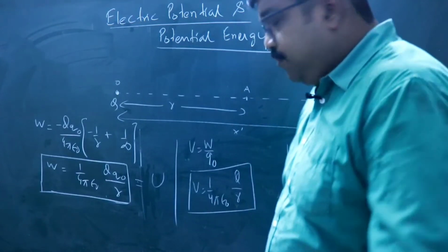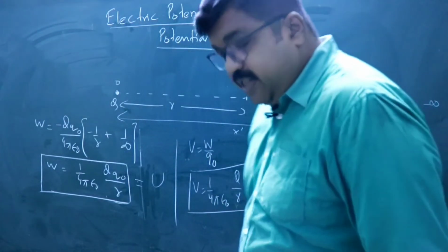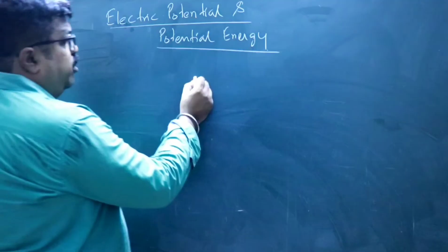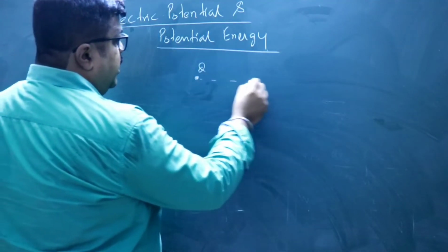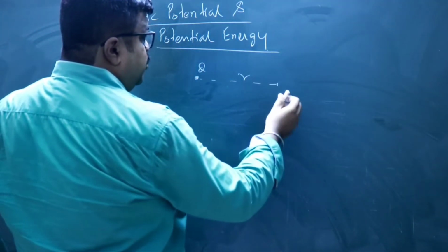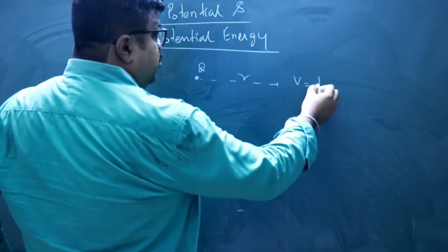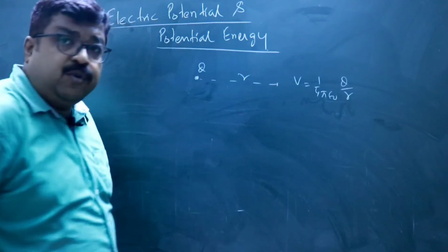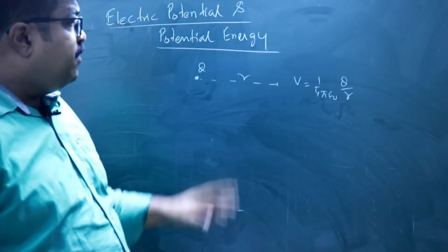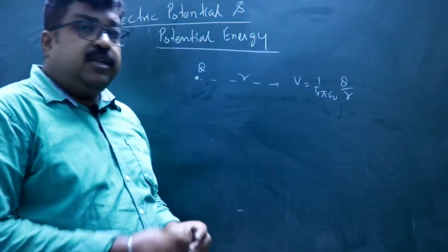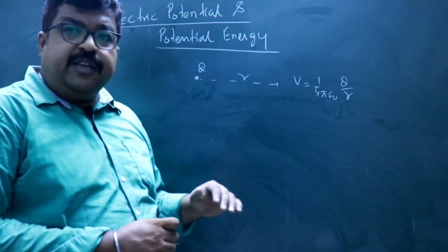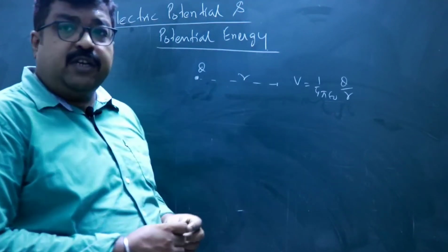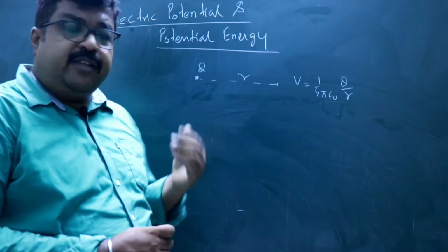Now, what is the significance of this expression? For a point charge q at distance r, the electric potential is V is equal to 1 by 4 pi epsilon naught q by r. So if you move away from a positive charge, the electric potential will decrease, and if you move towards a positive charge, the electric potential will increase.